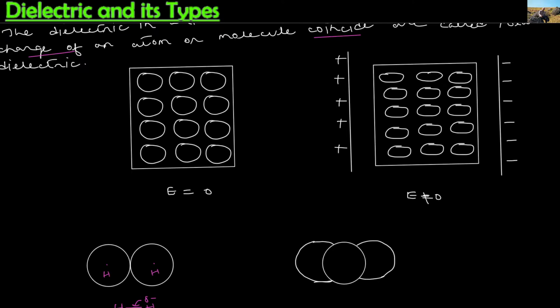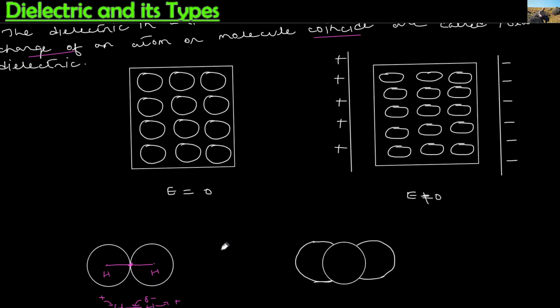And we know that these hydrogen atoms will be positive, which means that the center of the positive and the negative charge will coincide, so over here lies the center of positive and negative charge.